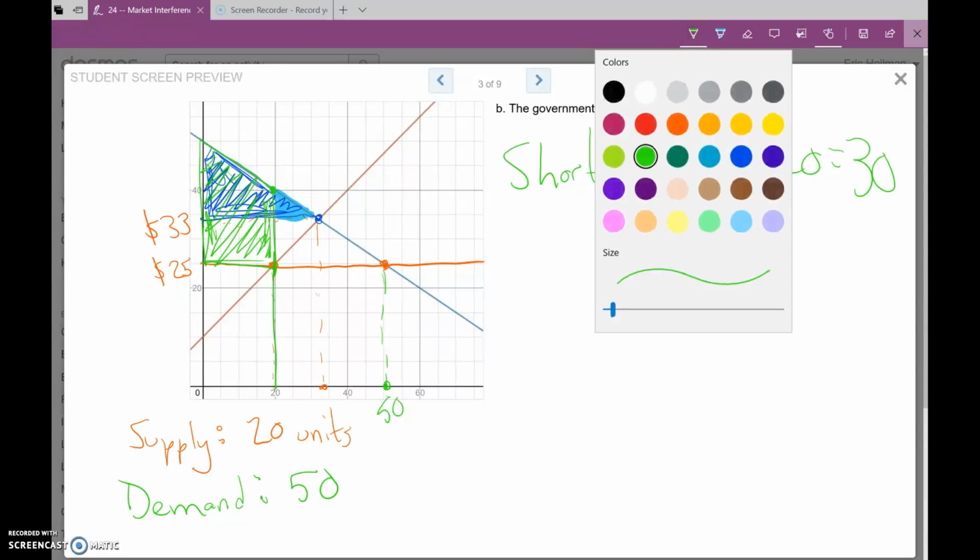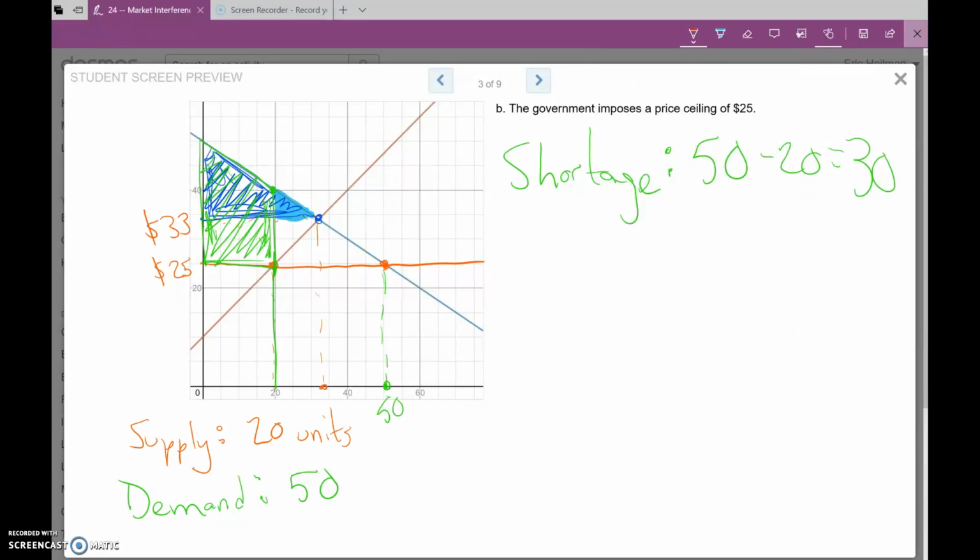Okay, so let's look at the producer side. On the producer side, the original producer surplus was the area underneath the original price, but above the supply curve. So it was this triangle. Under the new price ceiling, producer surplus is the area underneath the new price line, so $25, but above the supply curve.